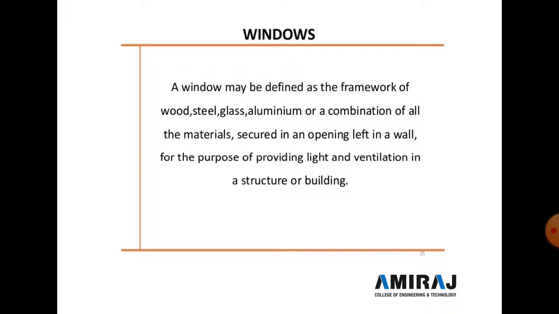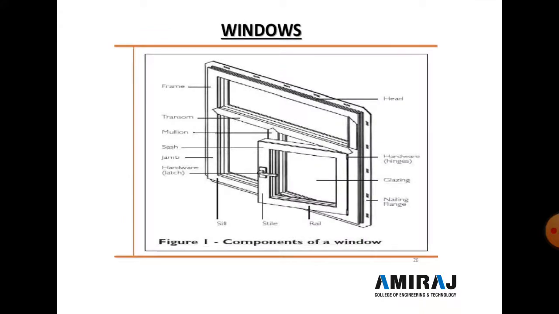Now here a window is always provided on the external wall of the building. No window is provided on an internal wall, only on the external wall, for getting light and ventilation.